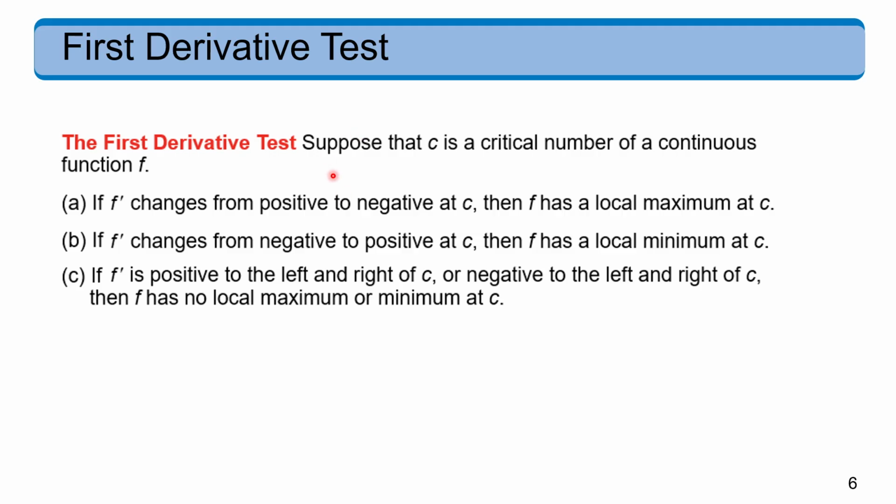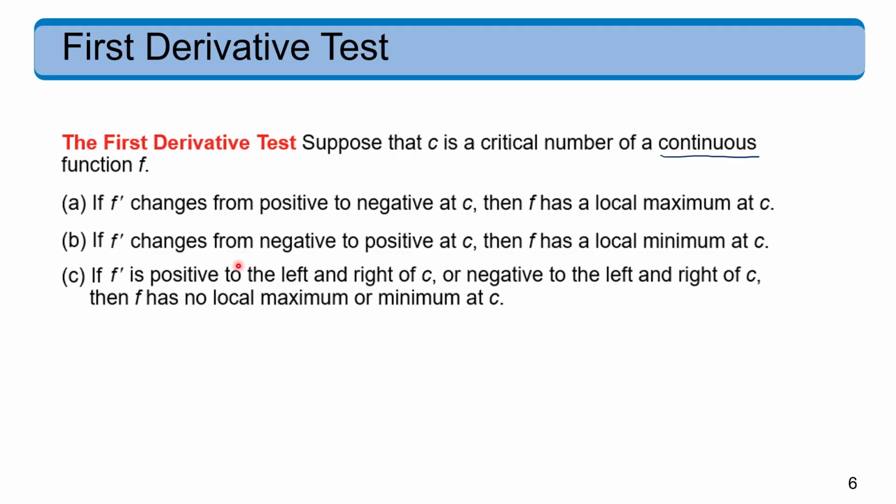So here's the summary. You have a critical number c and a continuous function f. We emphasized earlier that it has to be continuous for this to work, because otherwise it might jump and not follow the mountaintop valley bottom situation we were describing. Part A says if f prime changes from positive to negative at c, so positive means increasing, negative means decreasing, so it switches from increasing to decreasing, then you've got that mountain peak or a local maximum at c.